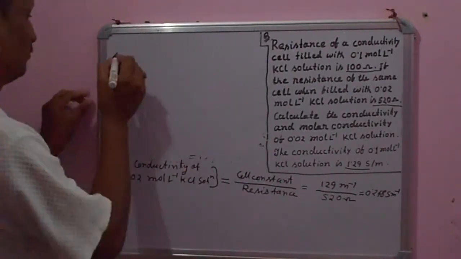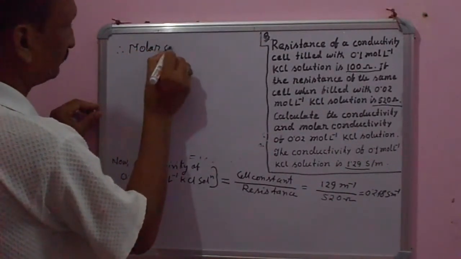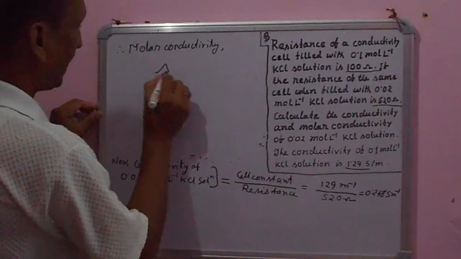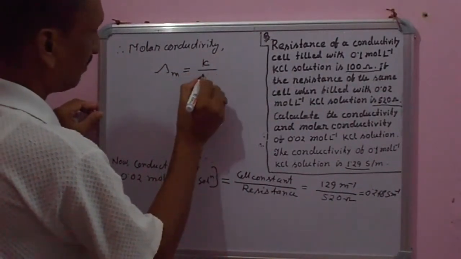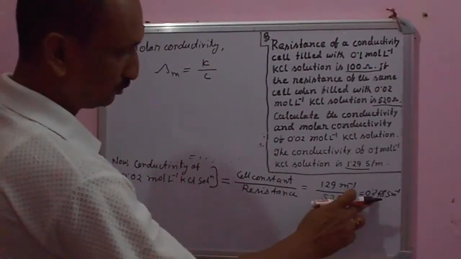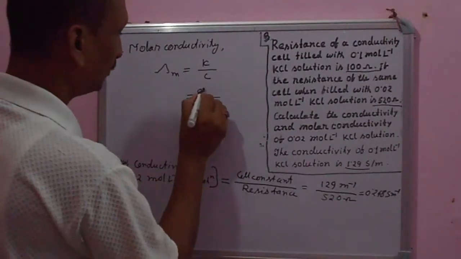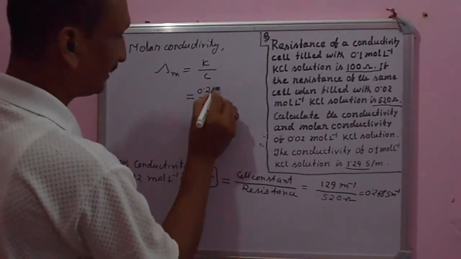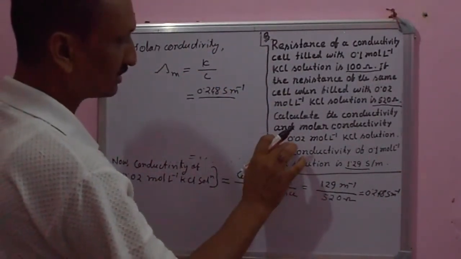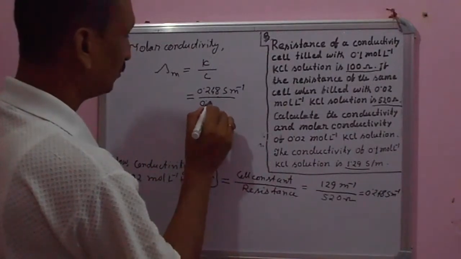So molar conductivity lambda m is equal to kappa by C. Here the conductivity kappa is 0.248 Siemens meter inverse, and C, the concentration of the solution, is 0.02 mole per liter.